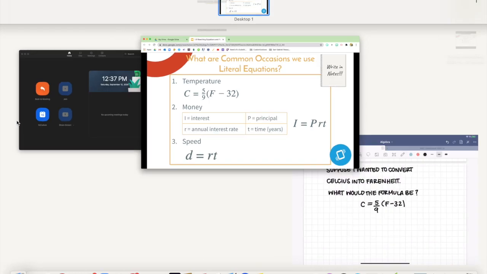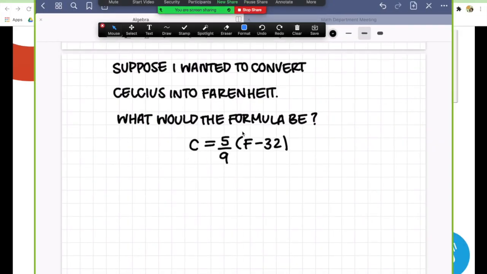Cool. So this formula is converting Fahrenheit into Celsius. What I want to do is convert Celsius into Fahrenheit, which is the opposite. So that means that I want to isolate the F instead. Right now we have isolated the C, but I want to isolate the Fahrenheit instead.